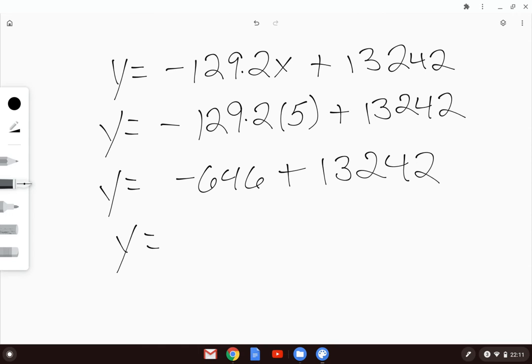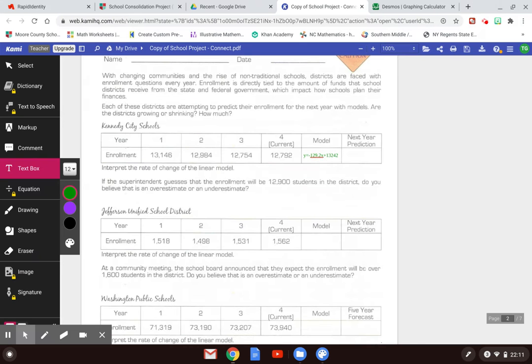And so when I finish my math here of adding that negative to the positive, I get an answer of 12,596. So my next year prediction then is 12,596.